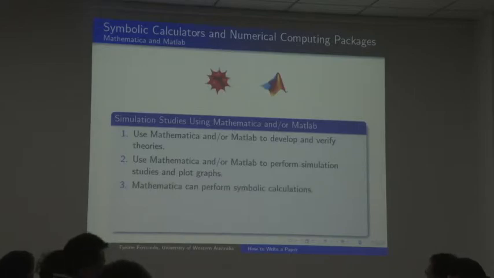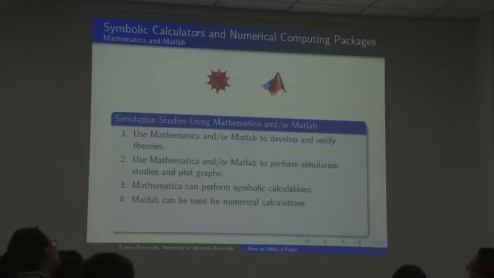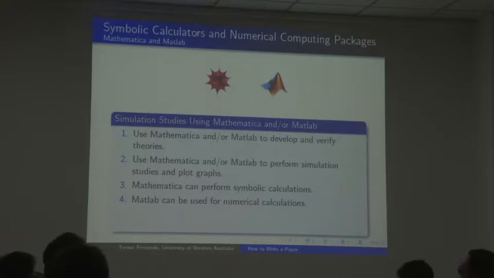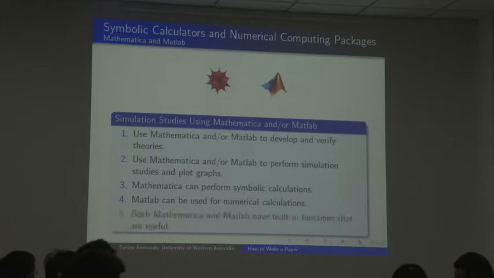Now we know that Mathematica can perform symbolic calculations. So if you want to simplify some complex mathematical expressions, you can use a package like Mathematica to do that, right? And MATLAB is particularly good for numeric calculations. So if you're dealing with a lot of numbers, MATLAB will be quite good. And both Mathematica and MATLAB have built-in functions.